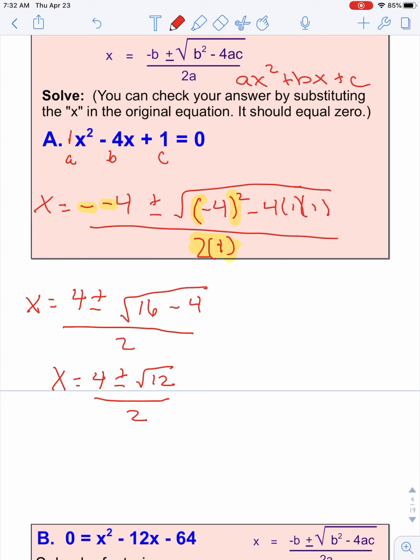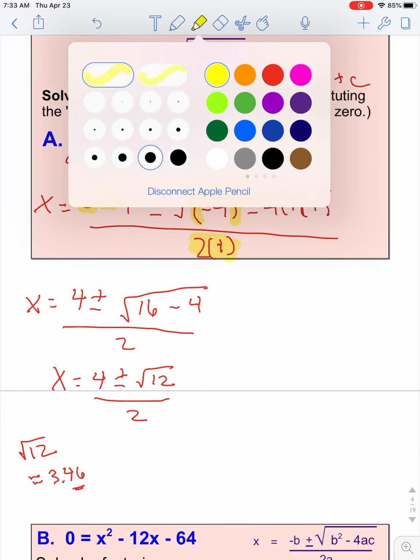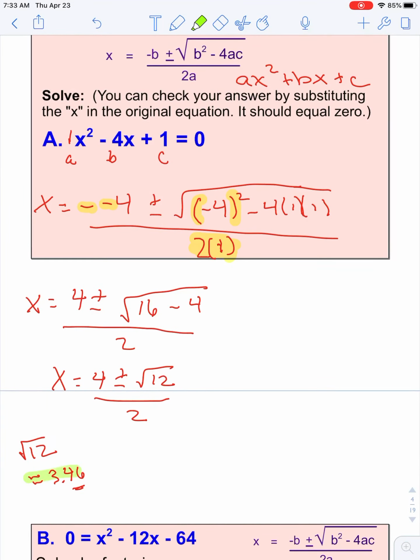So you type in the square root of 12, and you're going to get a long decimal answer. So I'm going to just do that down here. The square root of 12 is going to give you approximately 3.464, etc. We're always going to round to two places right here. So the square root of 12 is approximately 3.46.